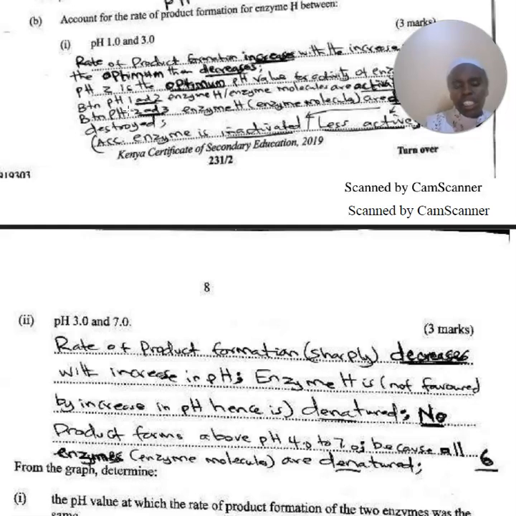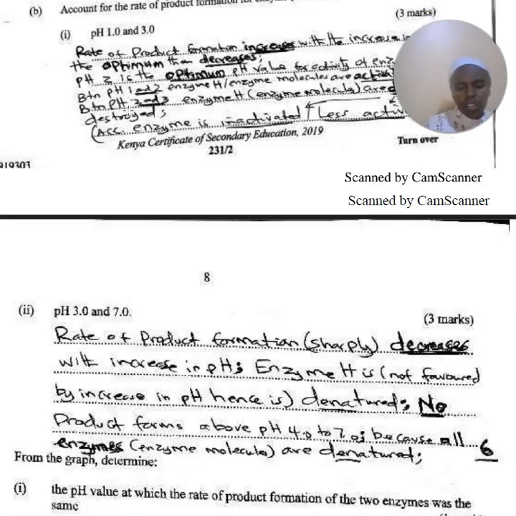That means that the enzyme's optimum conditions are not good there. So the enzymes are denatured because they are not favored by the increase in pH. So there is no product formation from pH 4.0 to 7 because all the enzymes are already denatured.